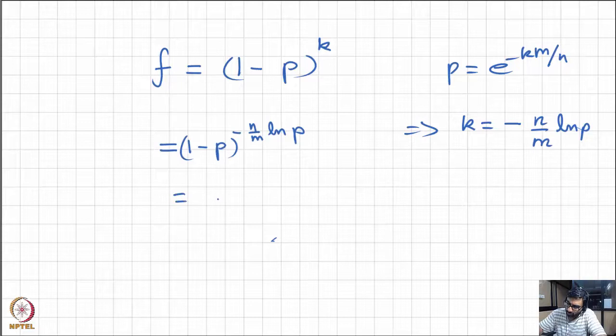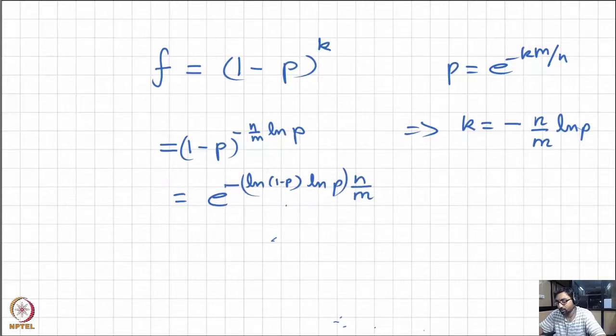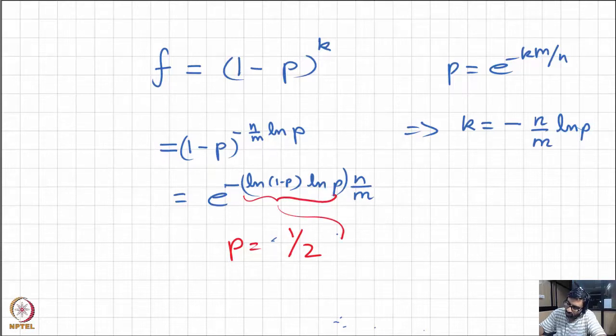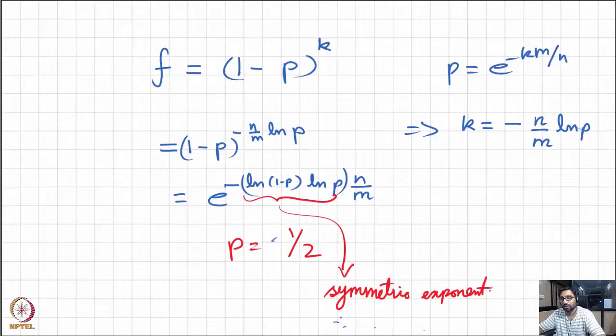And this is equal to e to the minus ln p ln(1 minus p), the whole times n over m. And if you look at this expression, it is clear that this is going to be minimized when p equals a half. This can be deduced by just looking at the symmetry of the exponent here.